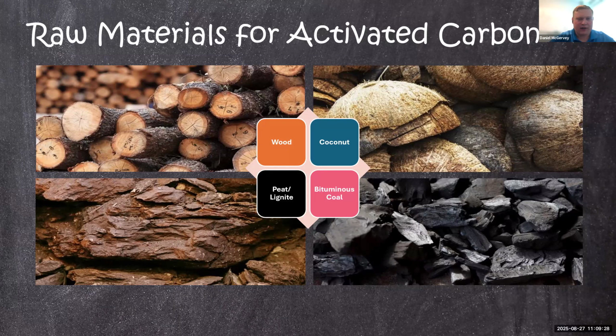The starting material can really dictate the performance based on that. So, for example, a wood carbon typically has a lot of the highways, a lot of the transport pores, but doesn't actually have a lot of the parking lots to sit. So if this was a design of a city, you'd be able to get around pretty well, but you wouldn't be able to park anywhere in the city. And that sort of happens with trying to remove some of these contaminants with a wood carbon.